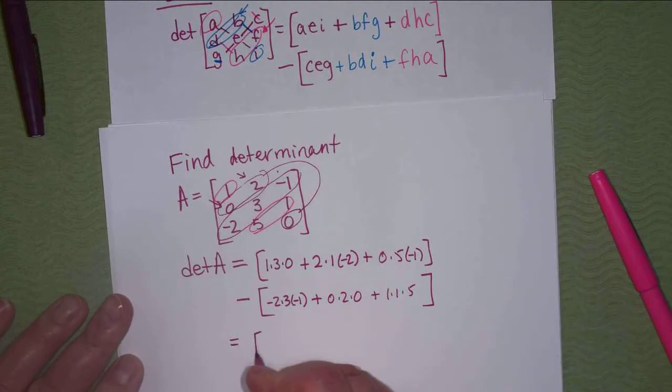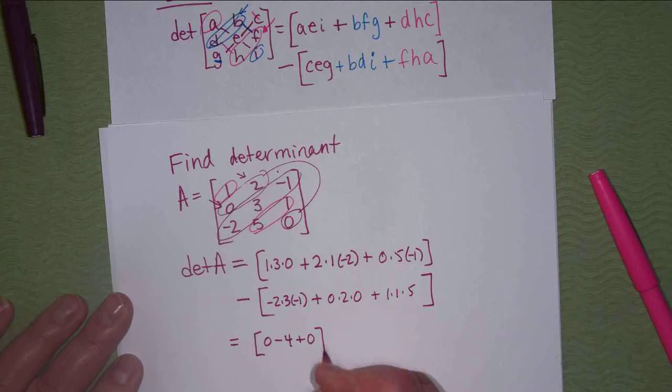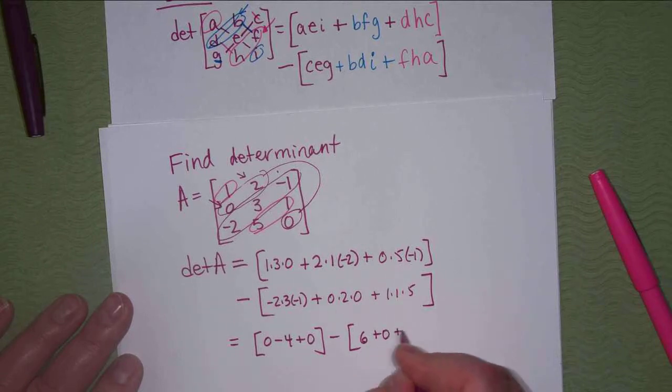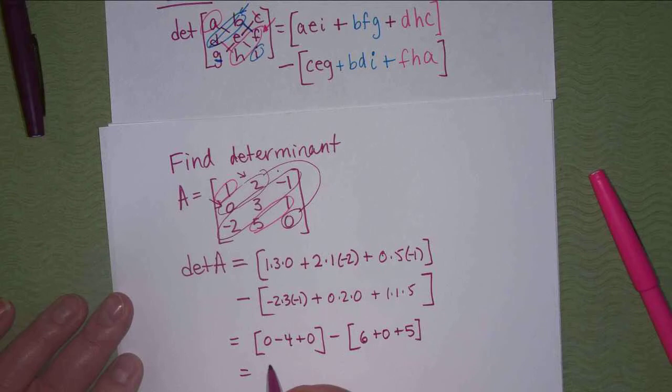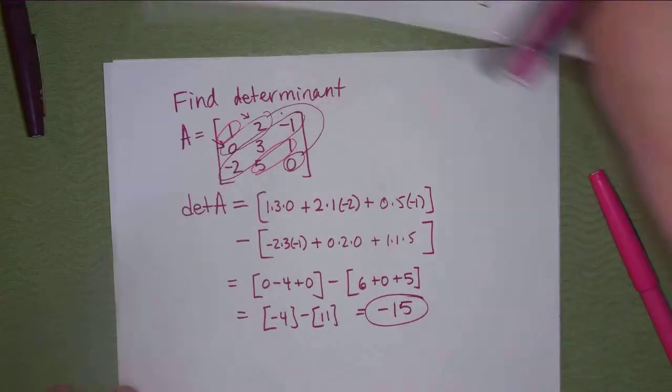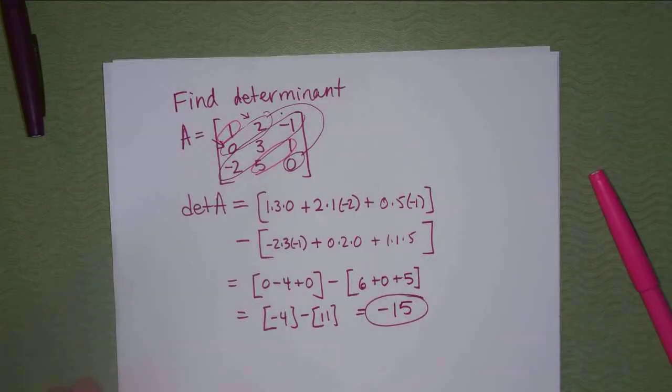So how I usually do it is just figure out each bracket. Minus 15.